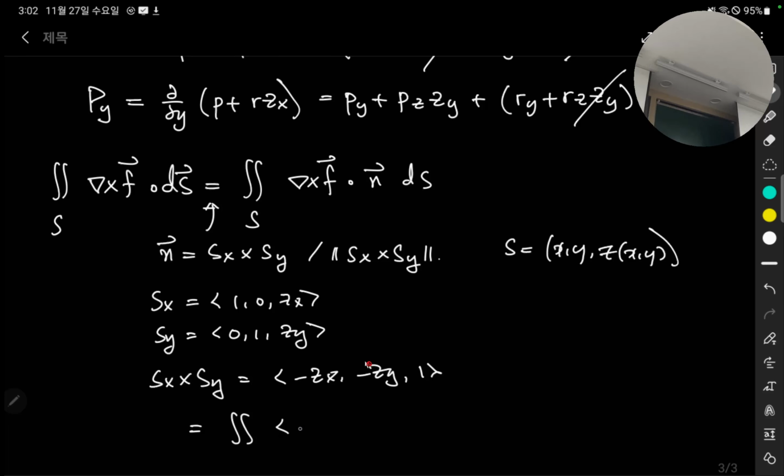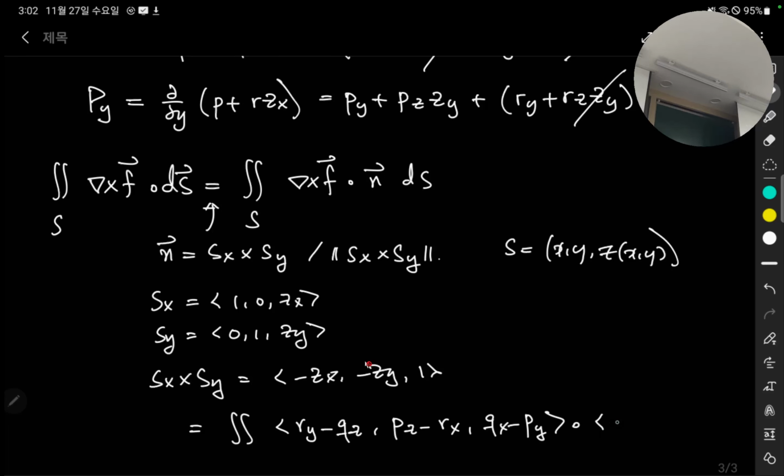So the curl is (R_y minus Q_z, P_z minus R_x, Q_x minus P_y), and then the orientation n. Now let's not put the n here, because eventually when you take the surface integral, you only need to take the inner product of the vector field with S_x cross S_y.